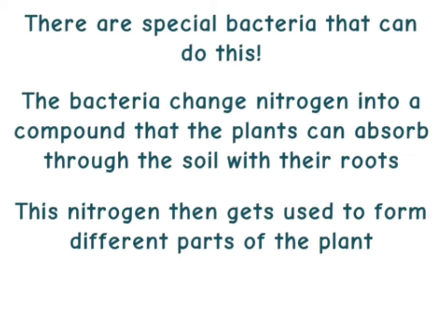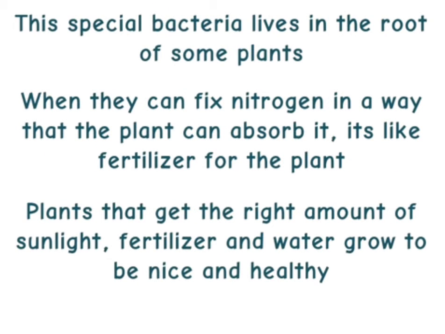This nitrogen then gets used to form different parts of the plant. This special bacteria lives in the root of some plants. When they fix nitrogen in a way that the plant can absorb it, it's like a fertilizer for the plant. Plants that get the right amount of sunlight, fertilizer, and water grow to be nice and healthy.